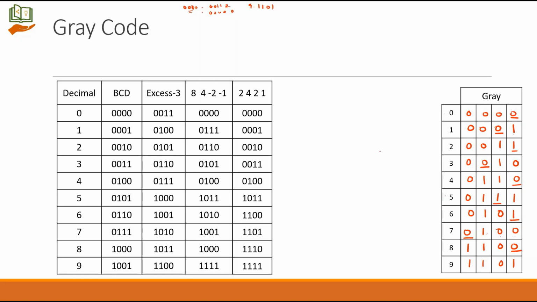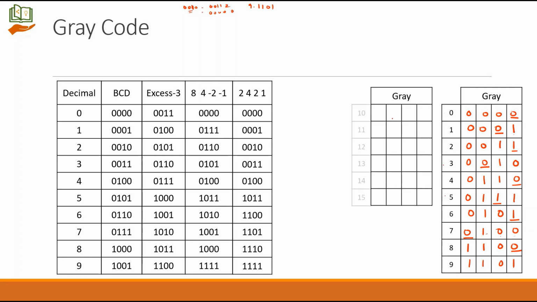The next code will be XS3 gray code. So from 3 we will be starting and we will need the gray code till 12. So here itself we will try to make from 10 to 15 so that we can use it for the next code. For 10, what we will do? From 9 I have 3 options. I can change the 4th bit first: 1100. It is already 8. Then I can change the third bit. This will give 4 ones.